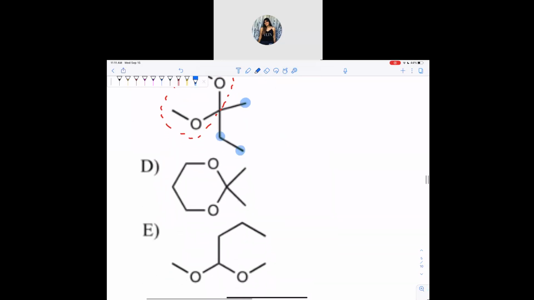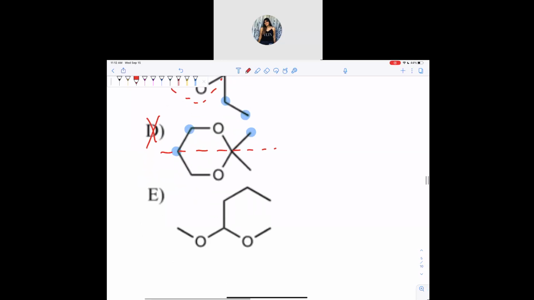D, let's cut this thing right in half. We get 1, 2, 3 signals because there's no hydrogens here. So this one has to be wrong. There's not enough signals. Last but not least, we have symmetry here. So this methyl is the same as the other one.